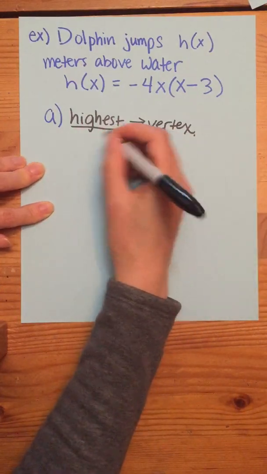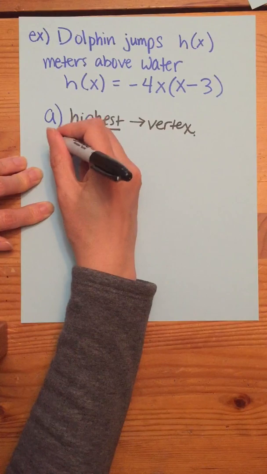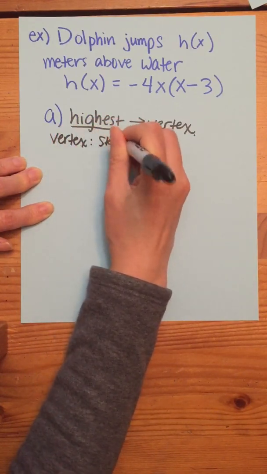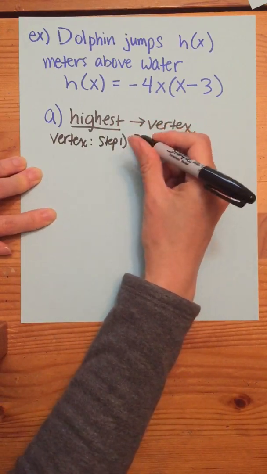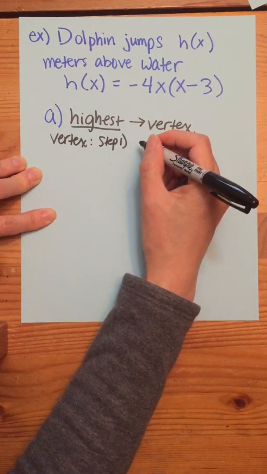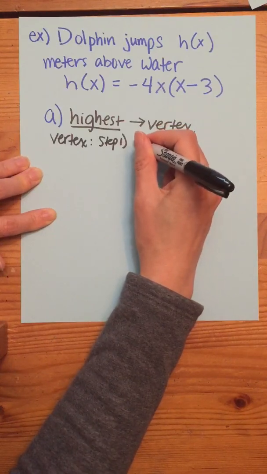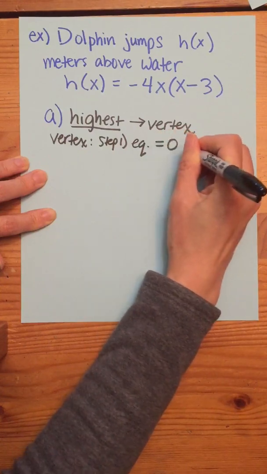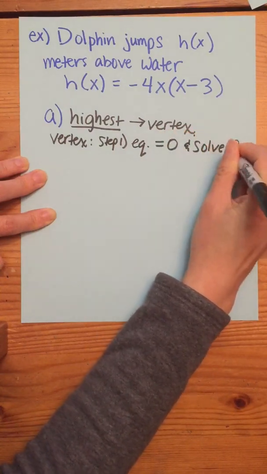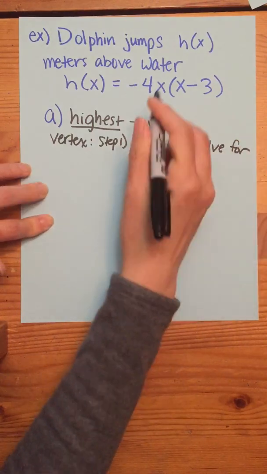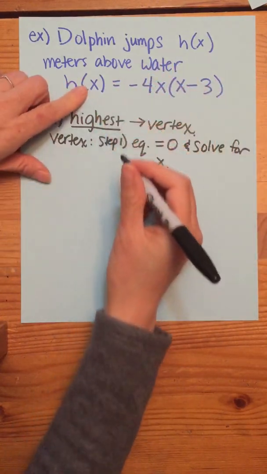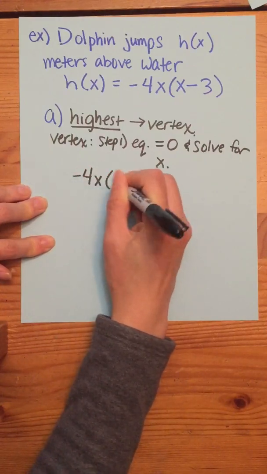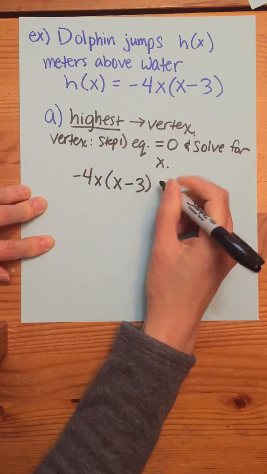So how to solve for the vertex. Step 1: set the equation equal to 0 and solve for x. The name of the equation is h of x, and the equation itself is negative 4x times x minus 3.